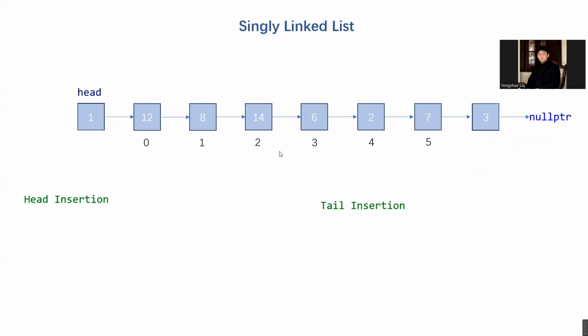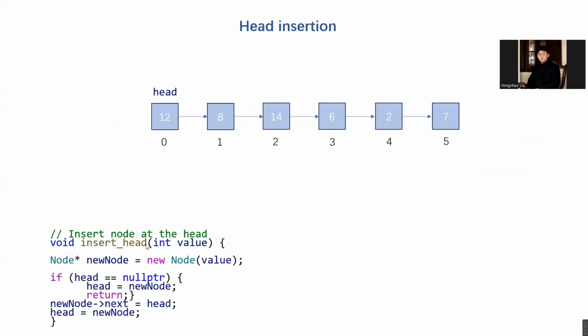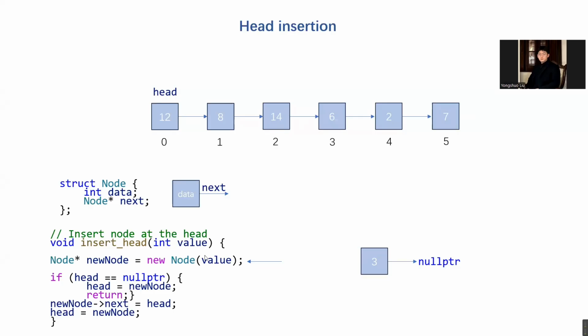So let's see how to use code to achieve that. First, we define a structure. The node contains data and next. The type of next is node pointer, right? So first, we need to run this line. We initiate a new node. Maybe the value is 3, and the new node's next should be a null pointer.